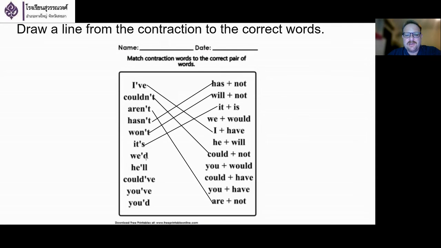We'd. Well, we know the first word is we, but they took 4 letters. They took 4 letters out of this because they wanted it to be much shorter.